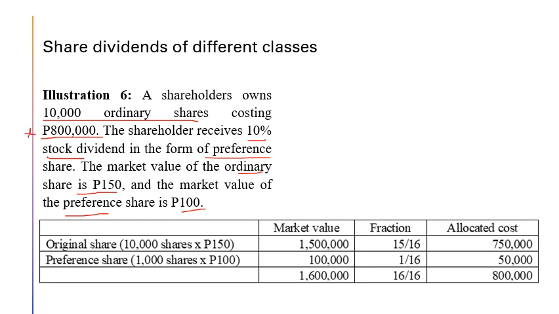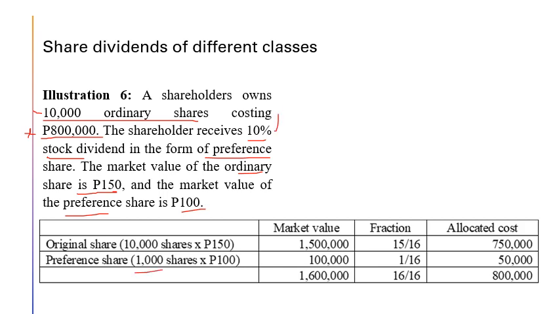So we have to allocate this 800,000 to both the ordinary and the preference. So how do we do that? We get first the market value of the shares. First is the original 10,000 shares, so 10,000 times 150. And then the preference is 1,000 shares. How do we get the 1,000?